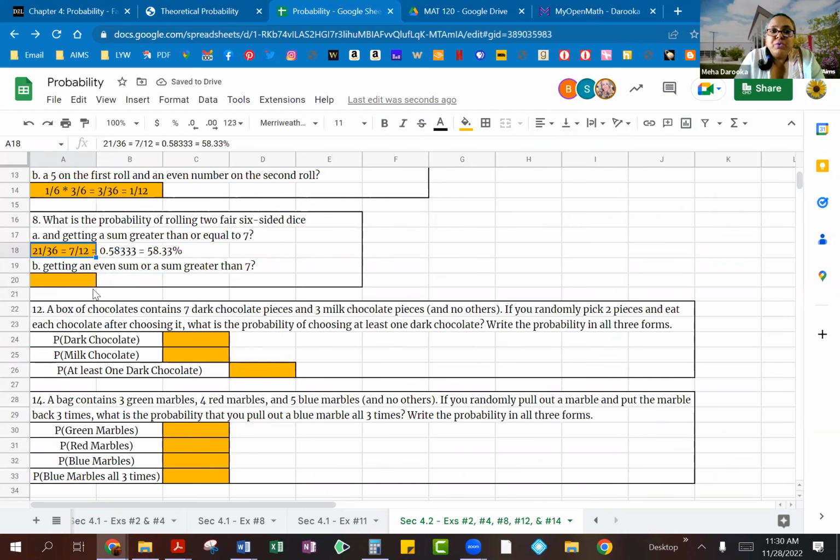Alrighty. So using that same idea, now let me see, what can we say about the probability for part B? Getting an even sum or a sum greater than 7.